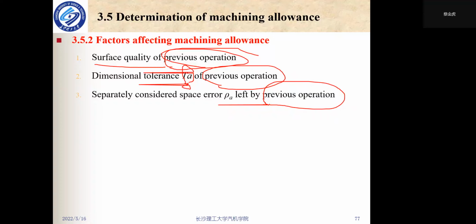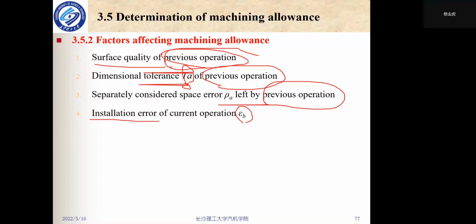It can be seen that the previous operation has significant influence on the current operation, and the last factor is the installation error of the current operation, which is represented by this one, epsilon B.